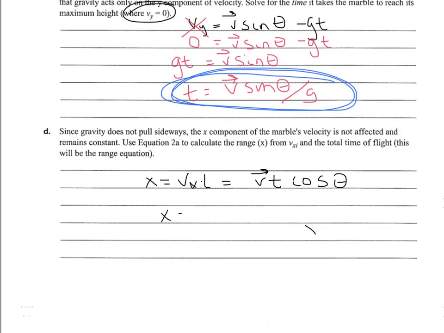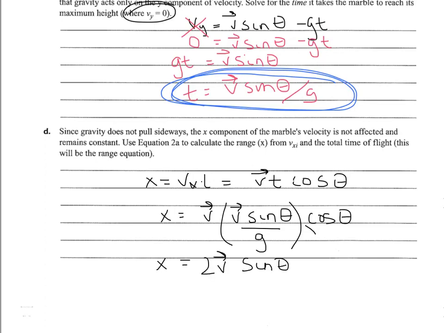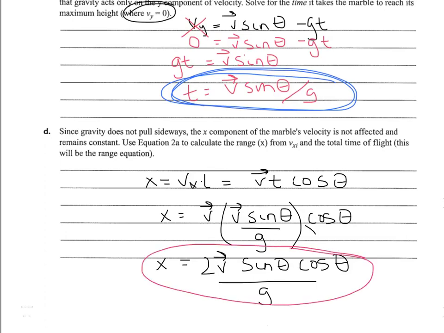We have x is equal to V arrow times V arrow sine theta over g times cosine theta. And so that equals 2 V arrow sine theta cosine theta divided by g. Now, those of you that know trig identities know you can make a substitution in there for sine theta and cosine theta, but you don't have to do that. Those of you that don't know what I'm talking about, don't worry about it.